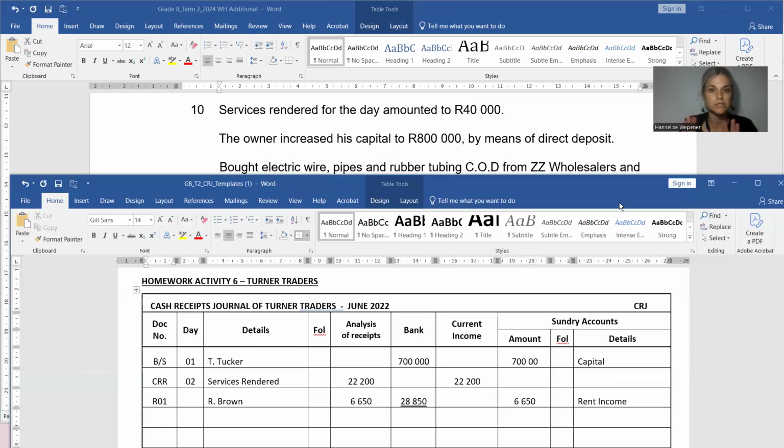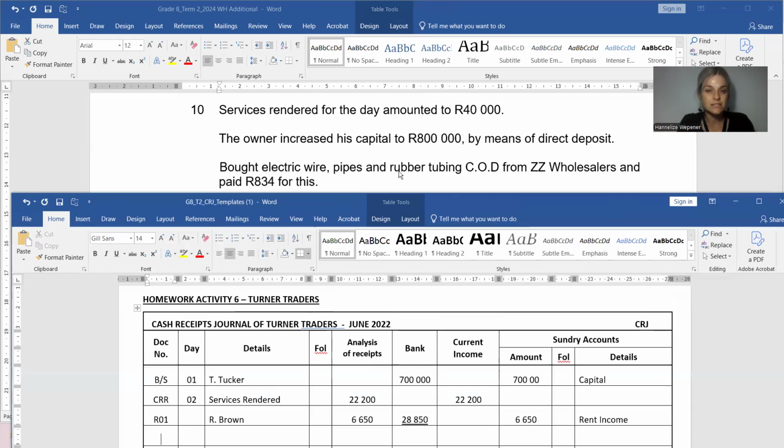We know that we aren't even doing a CPJ, we are only doing a CRJ, so this is just one to trick you. It says that you bought electric wire from a wholesaler, so in other words, you had to make payment. That's what COD means, cash on delivery. So that is not relevant to your CRJ. That is next term's CPJ, so we're just going to ignore that one.